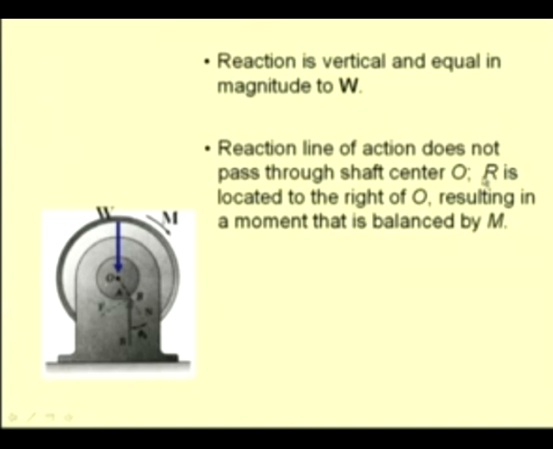Here, R is located to the right of O, because the axle tends to climb in this direction. If the wheel is rotating in the counterclockwise direction, that is, the applied moment was counterclockwise, then the wheel will climb in the other direction, and this point of contact B will be to the left of O, but in this case it is located to the right of O. This results in a moment, which is balanced by this applied moment.